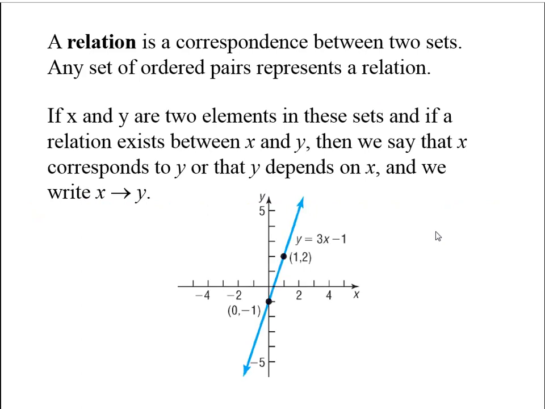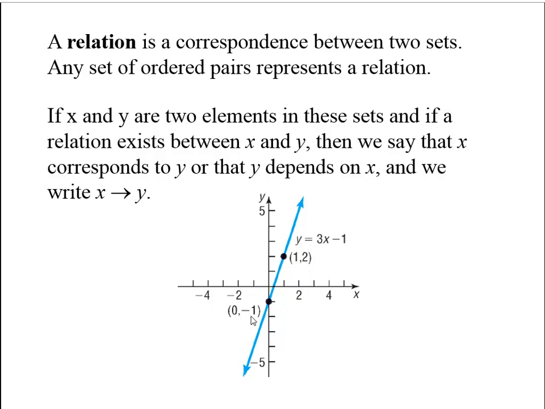All right, so in general, a relation is a correspondence between any two sets, and in an algebra course, we're going to typically use sets that are ordered pairs. So it's pretty classic in an algebra class that x and y are two elements in these sets, and we talk about plotting points (x, y) in a plane. For example, on this line that we have plotted, x is 1, y is 2.